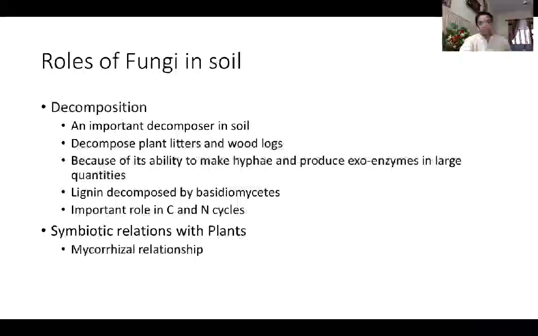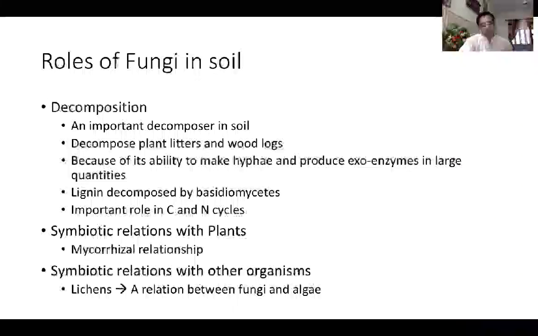Then they play an important role in symbiotic relations with plants. Mycorrhizal relationships are very considerable whenever we talk about plants. Then they make symbiotic relations with other organisms, like algae or blue-green algae.